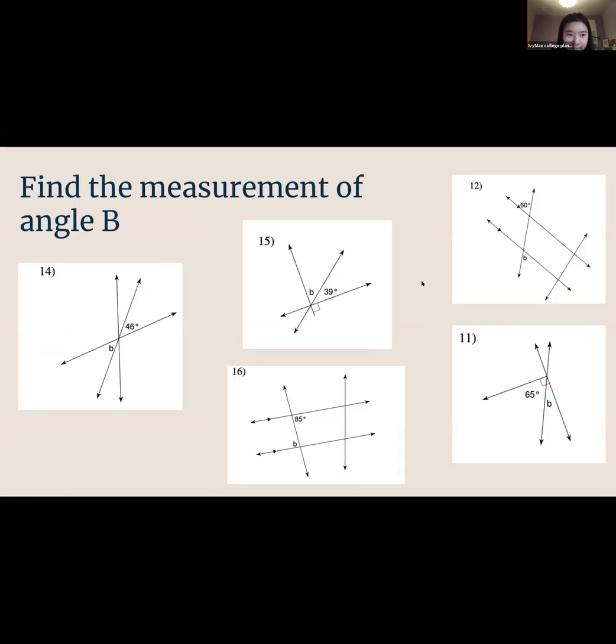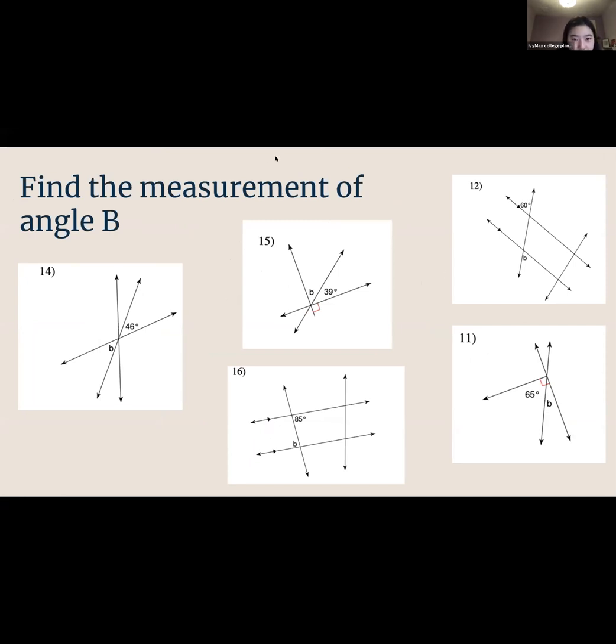Cool. Okay. What is the measurement of angle B? So here we can use the knowledge that we learned from the last couple slides. Let's do it together with maybe two.